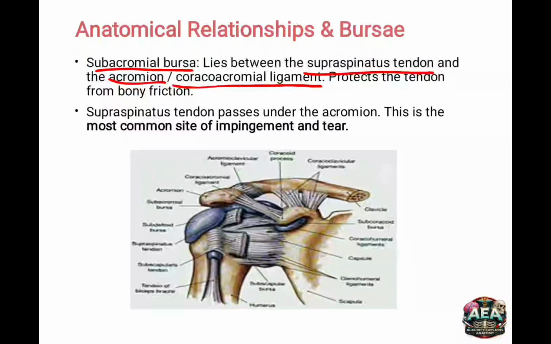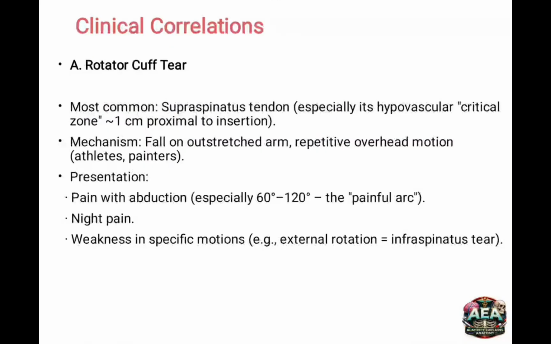We also have the supraspinatus tendon passing under the acromion. If you look, this is our subacromial bursa, which is between the supraspinatus tendon and the acromion itself, while the supraspinatus tendon passes under the acromion. The tendon is located under the acromion. So this is the most common site of impingement and tear of the supraspinatus muscle.